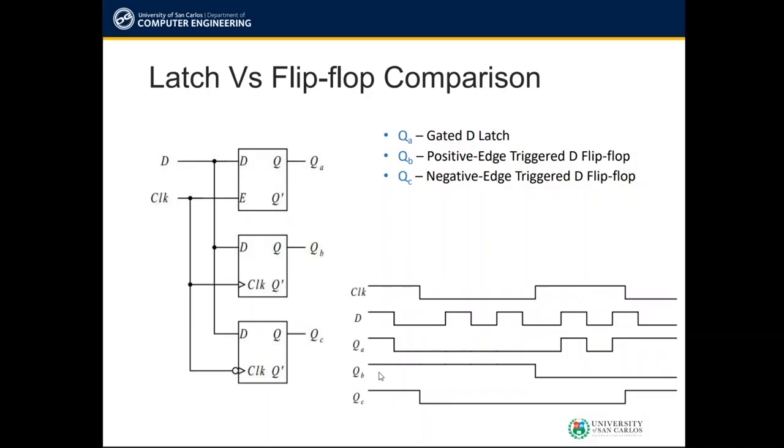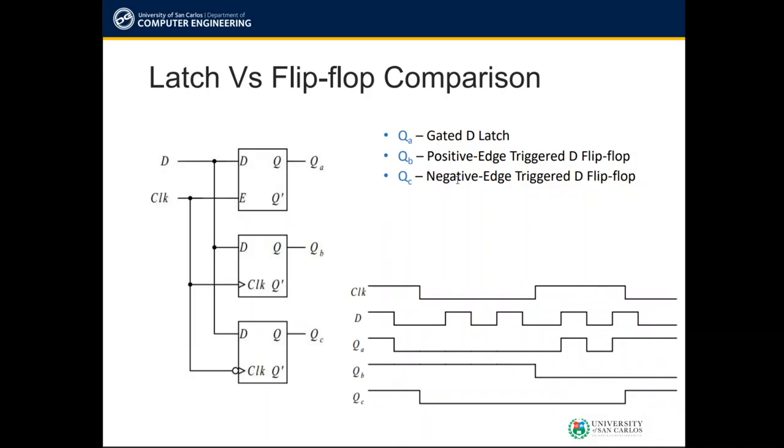So initially, let's say QB is in high state, and then at such time it reads that the clock is low to high, so it changes whatever the status of your D. Since the status around this time is 0, it changes the value of your Q from 1 to 0, or whatever the value is, to 0. So that's why it moves down here.